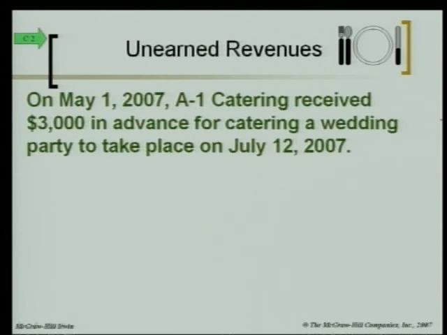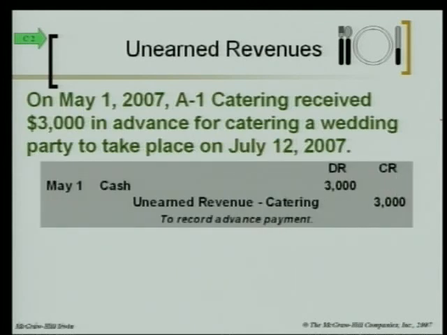What about unearned revenue? Well, we've talked about unearned revenue before. For instance, on May 1 of 2007, if our catering business receives $3,000 for a wedding party that has not yet taken place, well, then we have to go back to our old buddy, the revenue recognition principle, right? We recognize revenue when it is earned. When is it earned? When you have provided the product or the service.